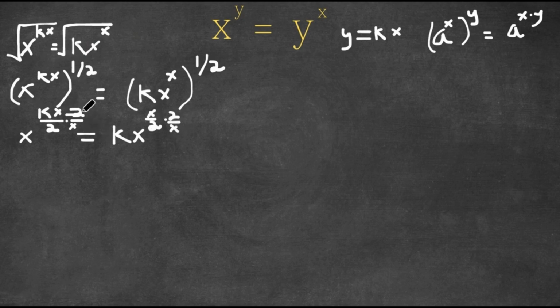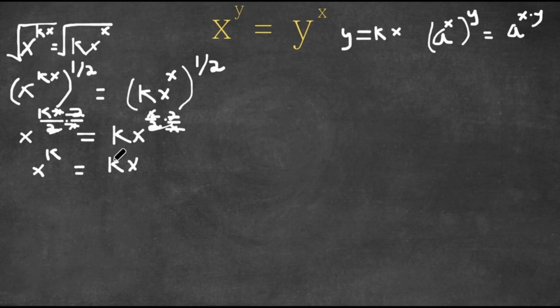Now for this, these two would cancel out and these x's would cancel out. So on our left-hand side, we would be left with x to the power of k. And now on our right-hand side, our 2's here, these would cancel out, and so would our x's. So we would just have k to the power of x to the power of 1, which is simply just k to the power of x.